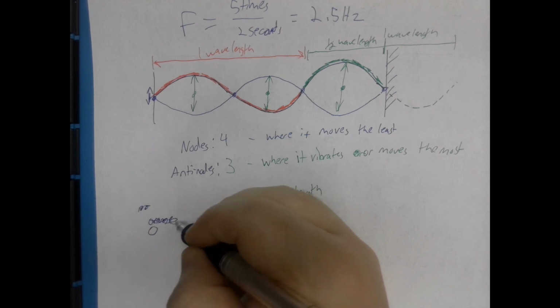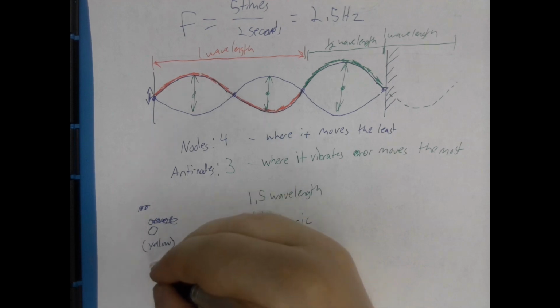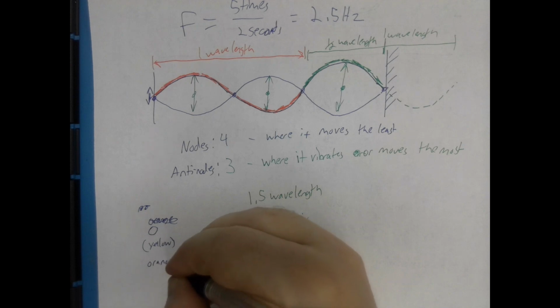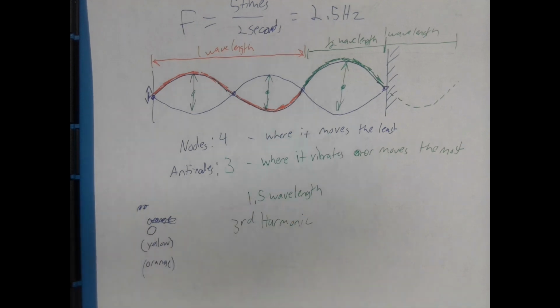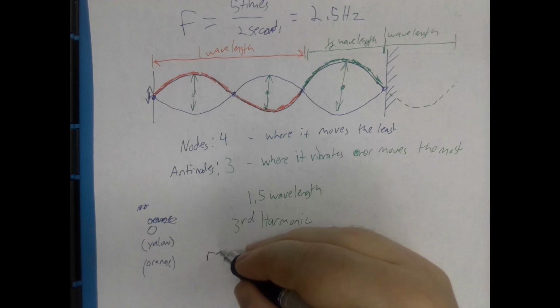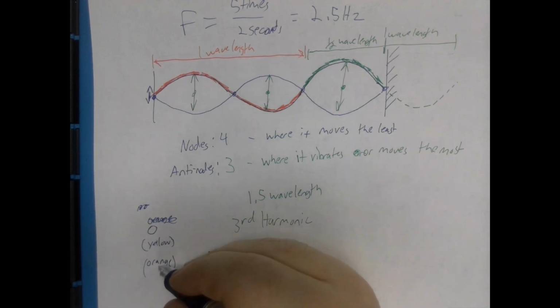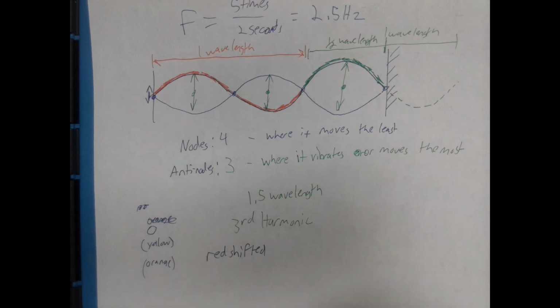Let's say it's supposed to be yellow, and you see it, however, as orange. Is it moving towards you or away from you? It would be moving away from you because it's redshifted. So yellow is becoming more red, it's becoming orange.